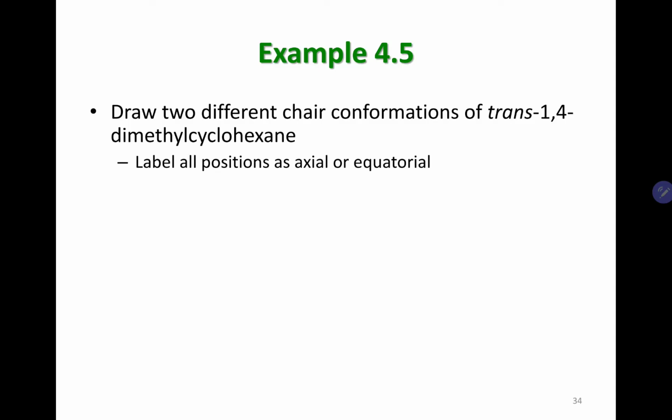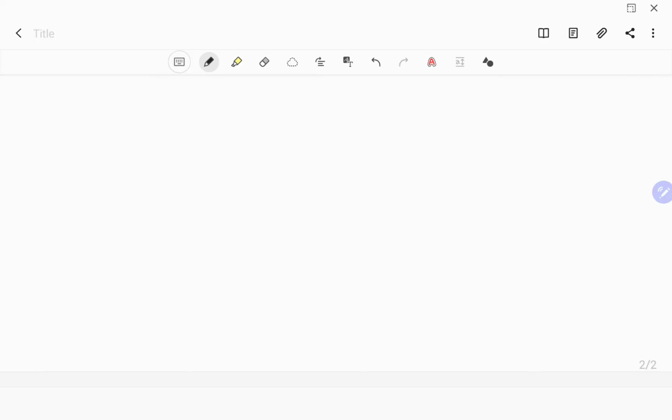Next, I want to see if you could try this worked example. If you can, please pause the video and see if you can do this by yourself. I want you to draw two different chair conformations of trans-1,4-dimethylcyclohexane.